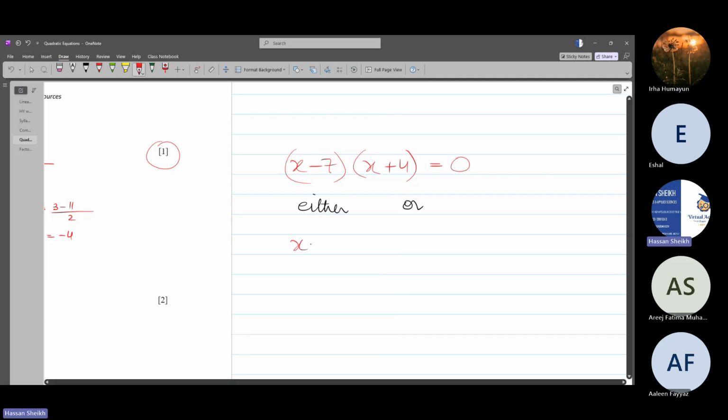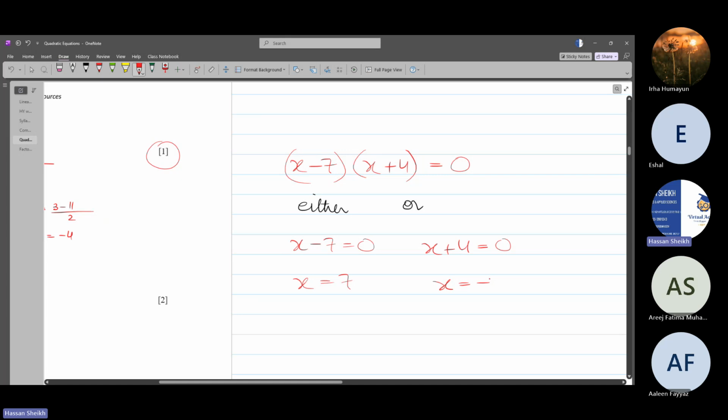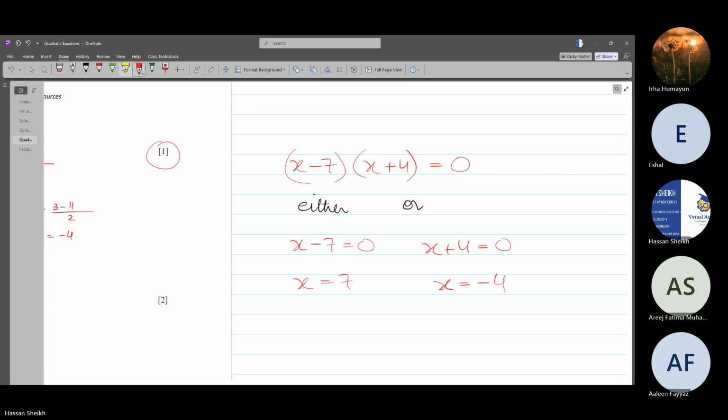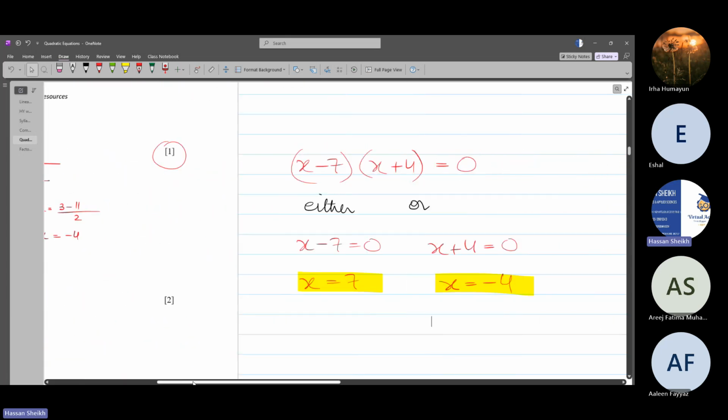So x minus 7 equals 0, x plus 4 equals 0. And in that way, you get x as 7 and x as -4. Are these the same answers we got after the quadratic formula?